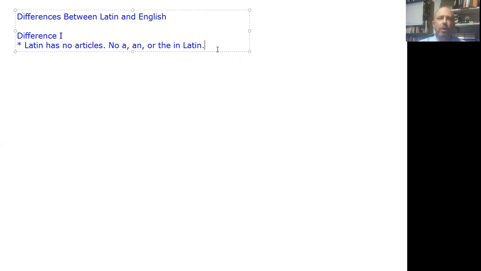And then the question arises, which article do I use? And the answer is you use whichever one seems to make the most sense, right?